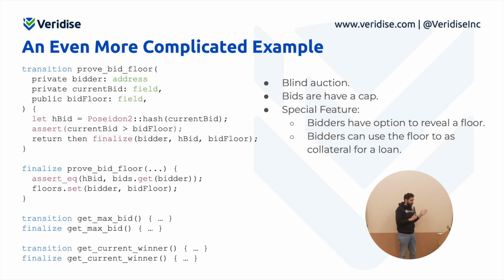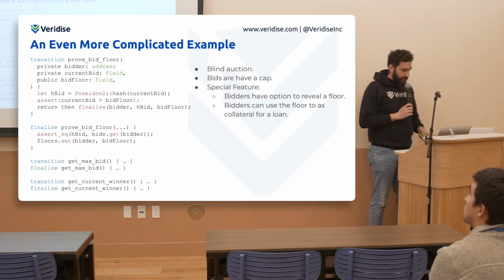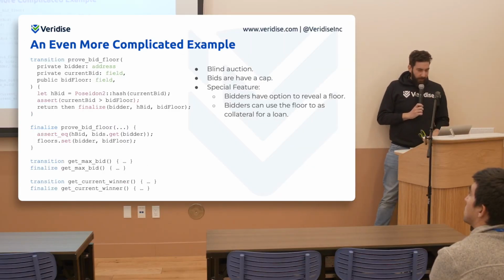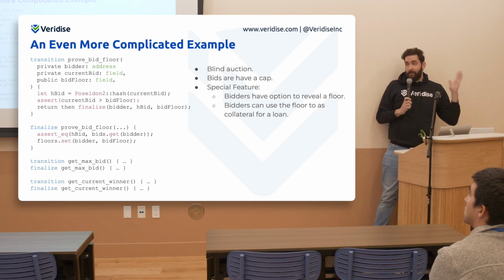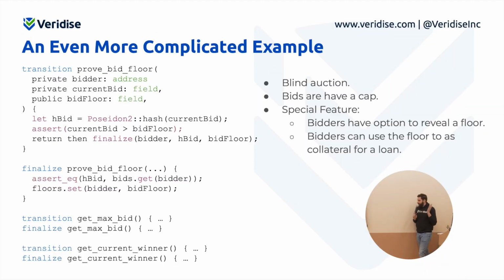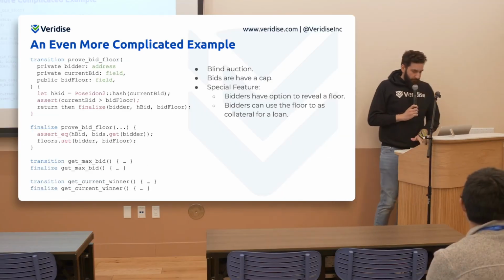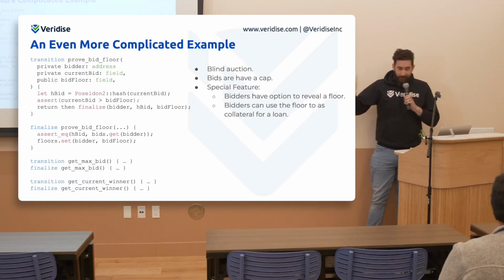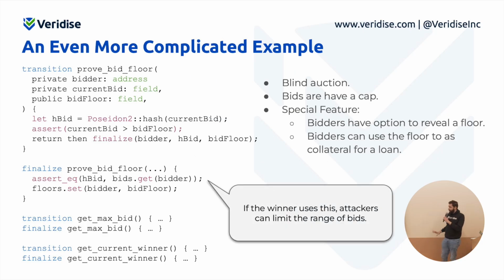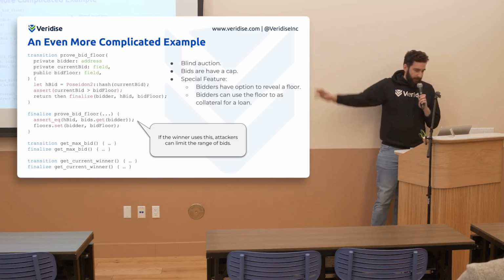Now let's assume our auction also has the ability to reveal the current winner. You call this function and find who's currently winning the auction. Now assume the winner, for some reason, wants to use this collateral function and invokes this transaction.